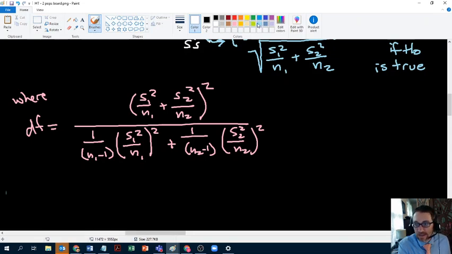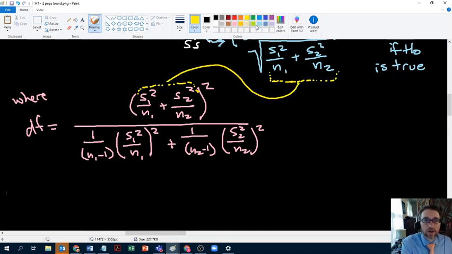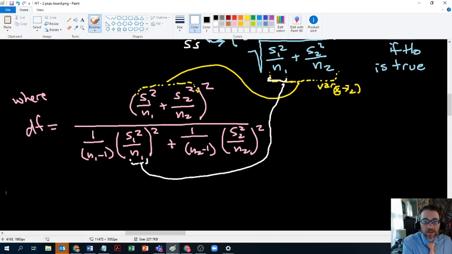But I do want to point out that it's not as hairy as maybe it looks. This part right here is the same as the thing inside the radical here. So if you're calculating piecewise, step by step and keeping track, you don't have to recalculate these because these are the same numbers. Similarly, this is the variance of the difference, right? Variance of x bar 1 minus x bar 2, sample variance there. Similarly, this right here is the same as this, which is the variance of x bar 1.